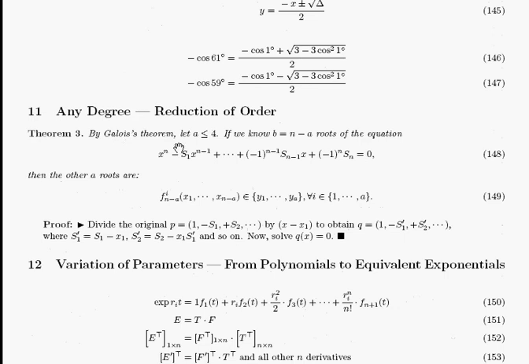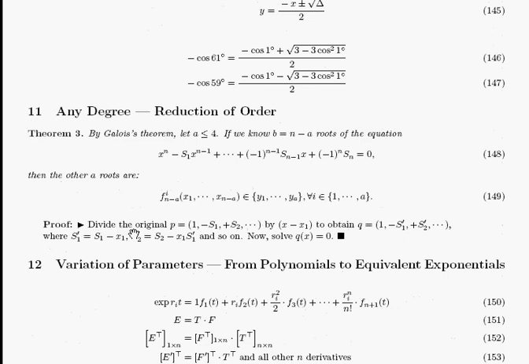By Galois theorem, let a be less than 4 or greater than or equal to 4. We know that if we know b equals n minus a roots of the equation, a x^n plus s1 x^(n-1), etc., equals 0, then the other a roots are functions of x1 through x(n-a) in the set y1 through ya.